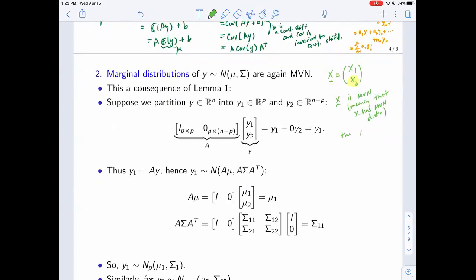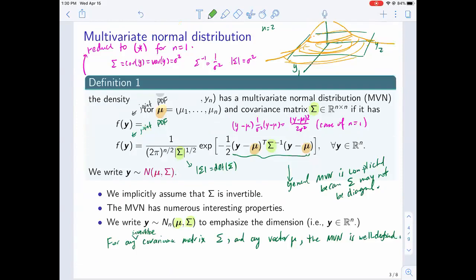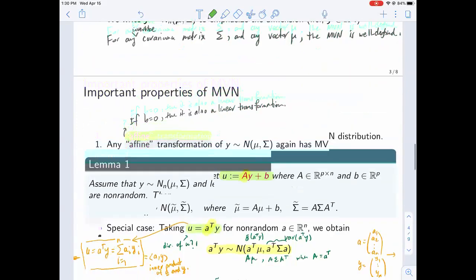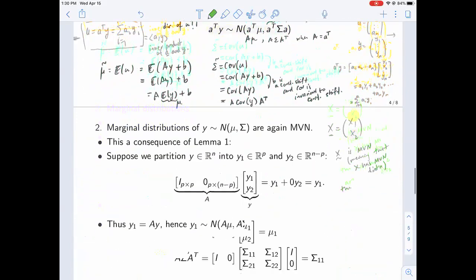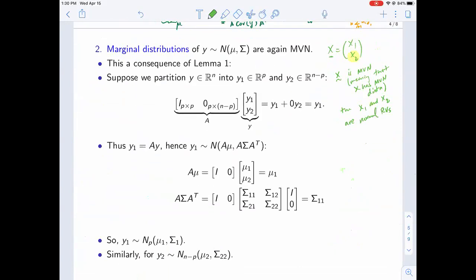Then X1 and X2 are normal variables. So individually, they are normal random variables, with a PDF of their own. But this says more.